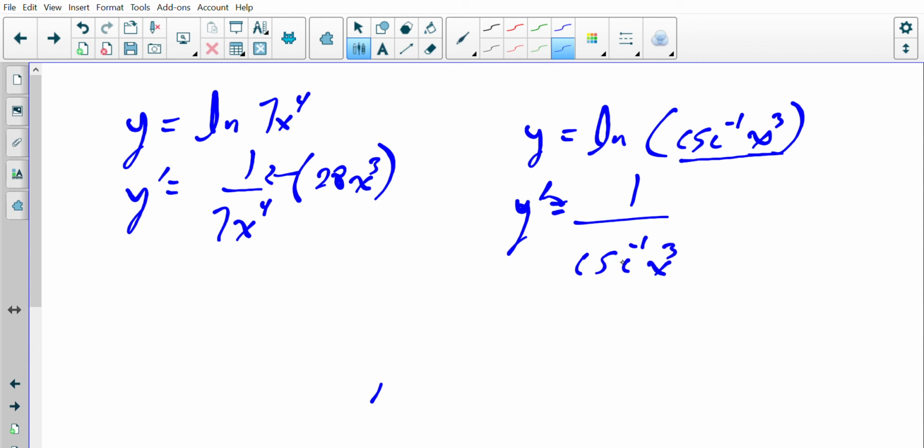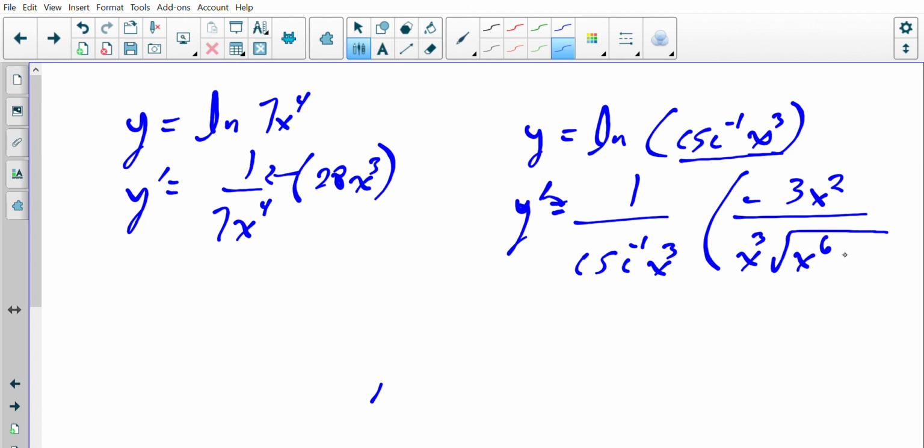Now I need the derivative of this. The derivative of inverse cosecant is negative du over u times the square root of u squared minus 1. I don't want to put all that up here, so I'm going to put my du beside it. So it's negative du over u times the square root of u squared minus 1.